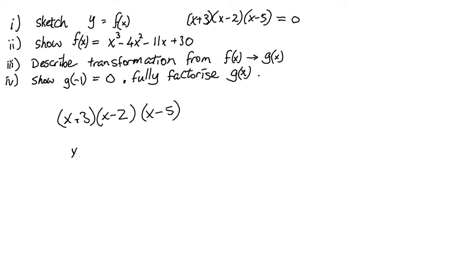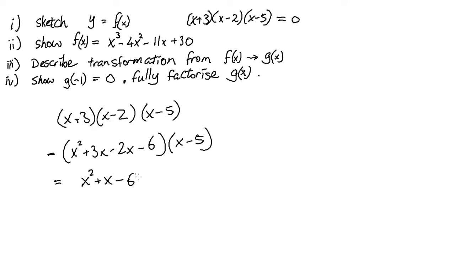It would be x squared plus 3x minus 2x minus 6, multiplied by x minus 5. By simplifying, you get x squared plus x minus 6, multiplied by x minus 5.